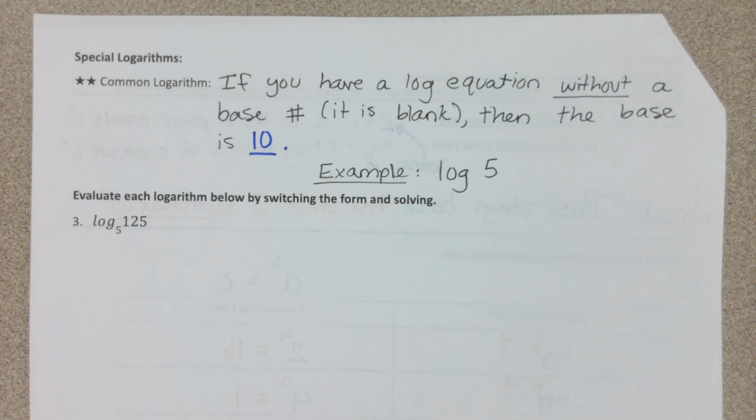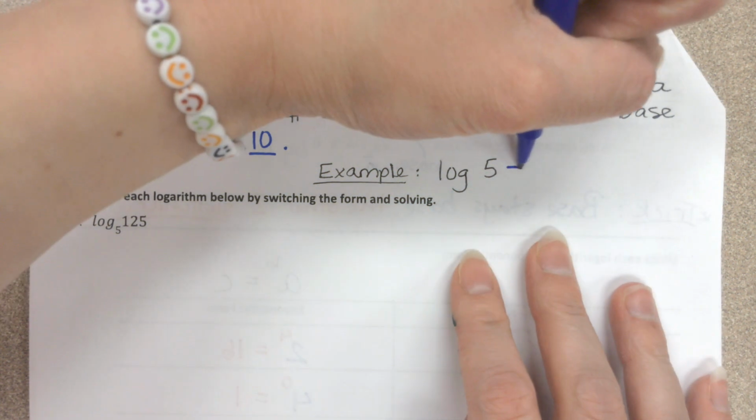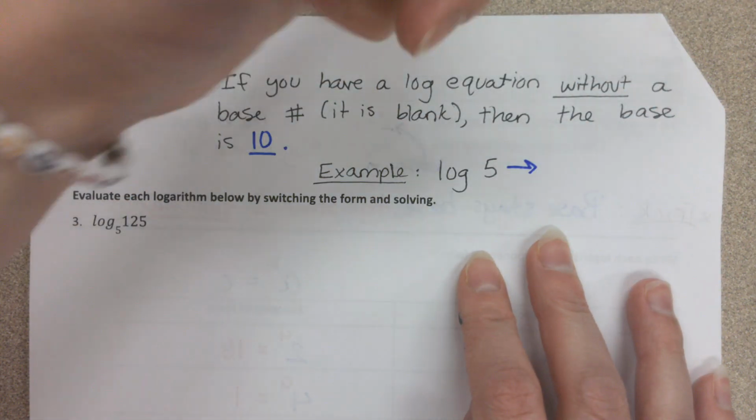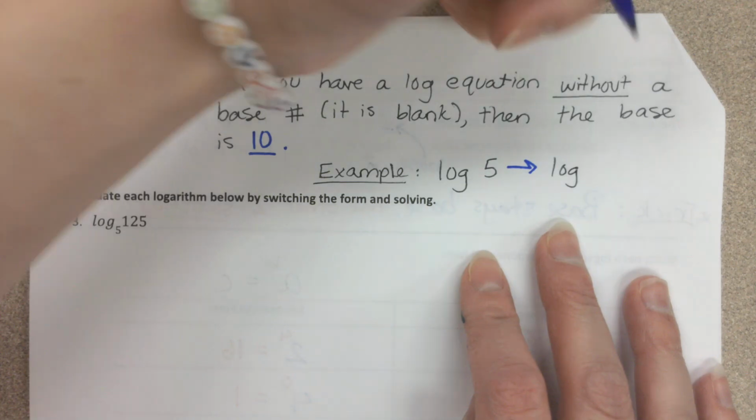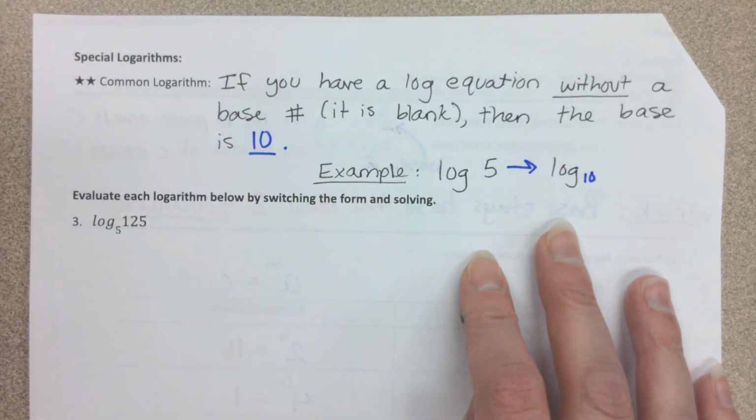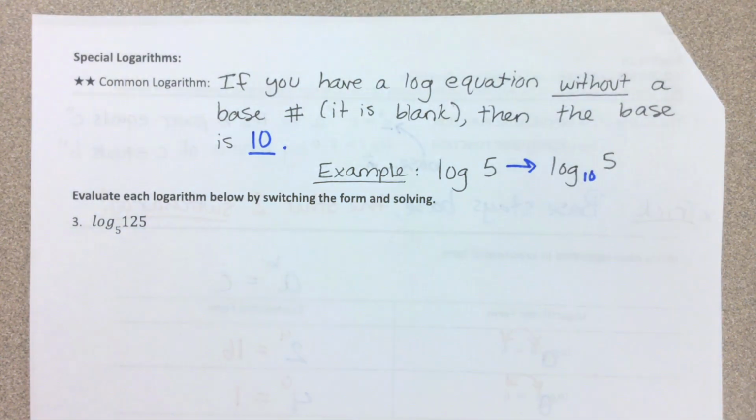Both of those are incorrect. The base, if it's not there, is 10. So this is the same thing as log base 10 of 5. That's what that means, that's what it represents. So anytime you see a blank space there, understand that there should be a 10 written there, and you're more than welcome to fill it in.